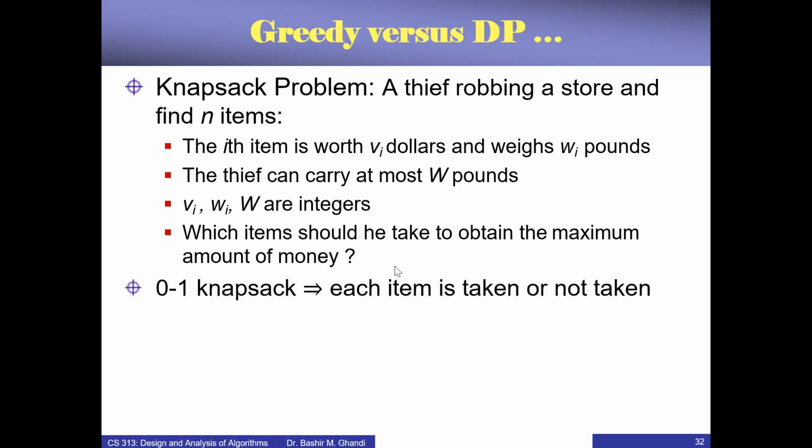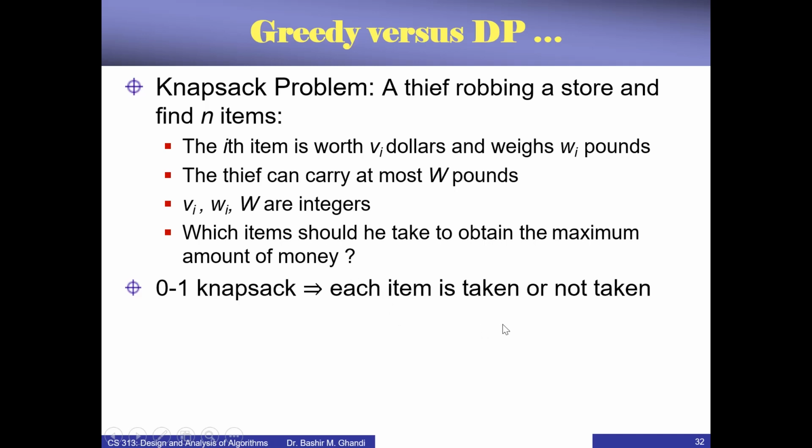There are two versions of the knapsack problem. There is what is called the 0-1 knapsack. In the 0-1 knapsack problem, each item is taken only one time or is not taken at all. And if you take it, you have to take it as a whole. There is no fraction allowed.